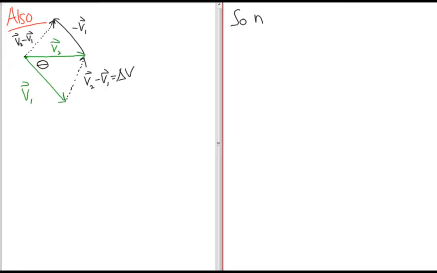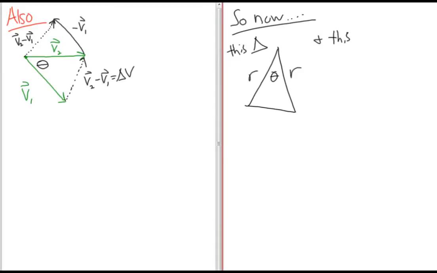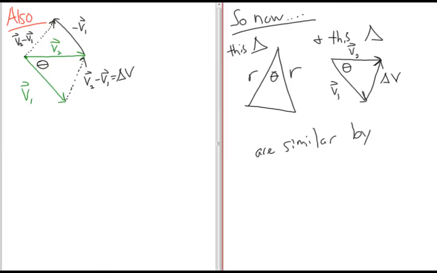And this is where we get what we get from all that. So now, the first triangle, which had theta as the angle and radii on two sides, and this other triangle, which we formed from the two velocity vectors, has theta there and delta v right here.